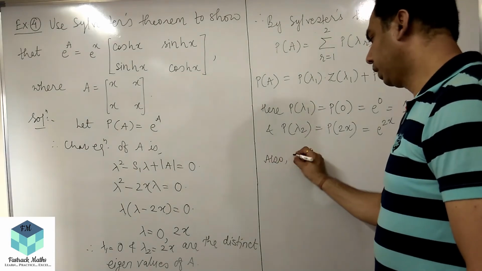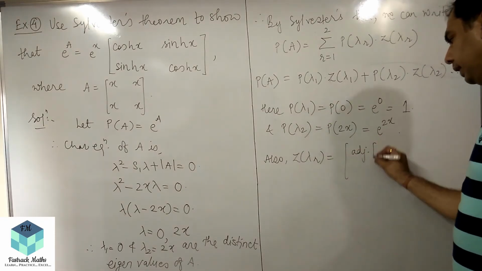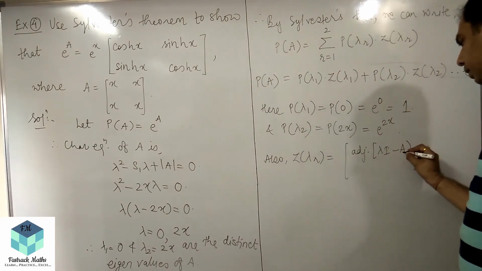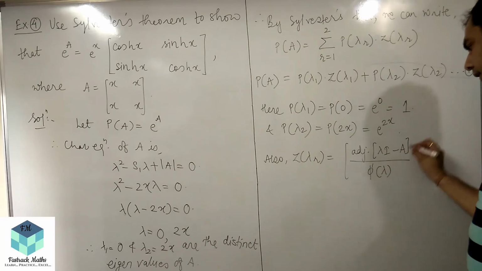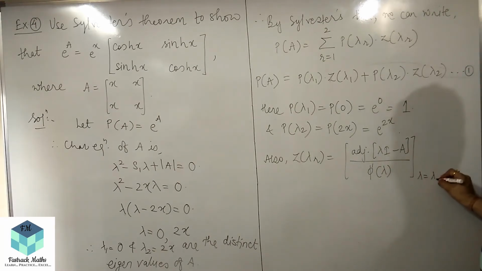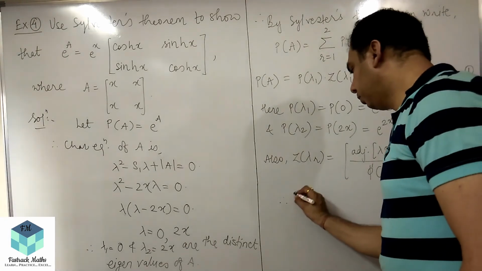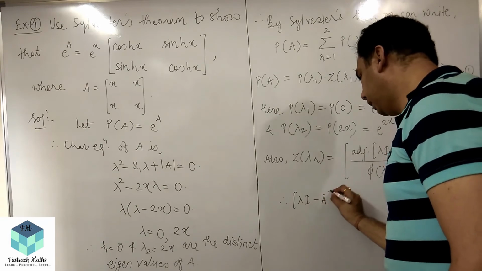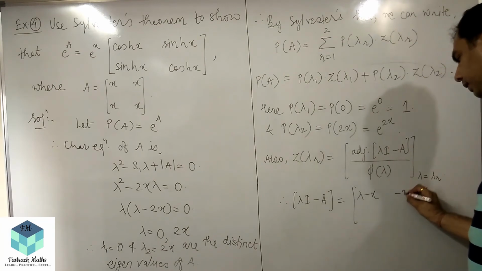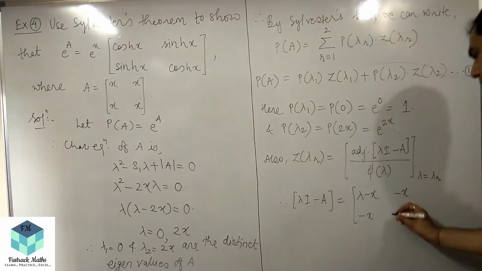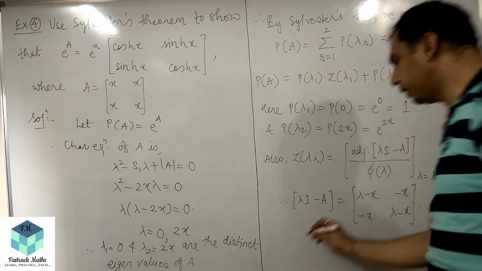Z of lambda r is given by adjoint of lambda I minus A upon phi dash of lambda at lambda is equal to lambda r. So for this we again require lambda I minus A. The matrix lambda I minus A is given by [lambda minus x, minus x; minus x, lambda minus x].